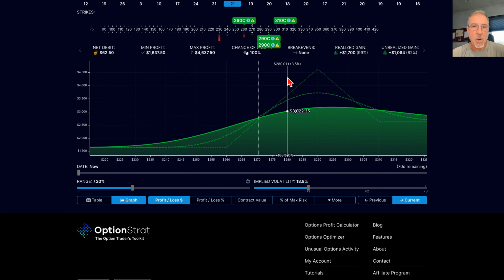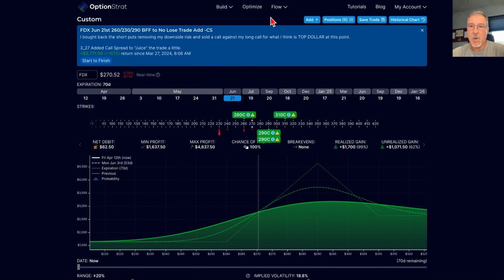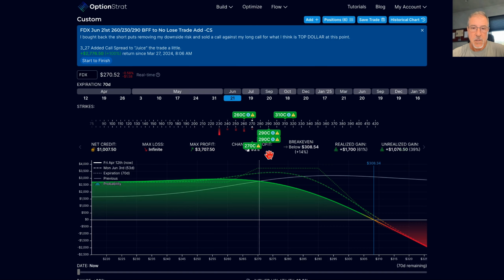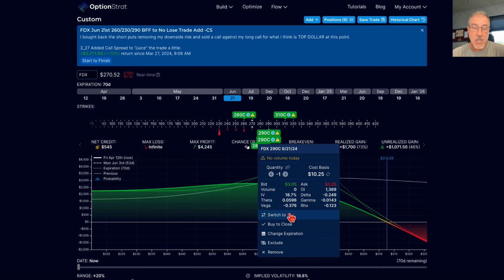So how do I go about doing that? How I would do that is I'm going to come in and sell a 280 call, and I am going to buy back one of my 290 short calls. So this is essentially creating a new spread, where I'm buying one of these back and selling a lower one.